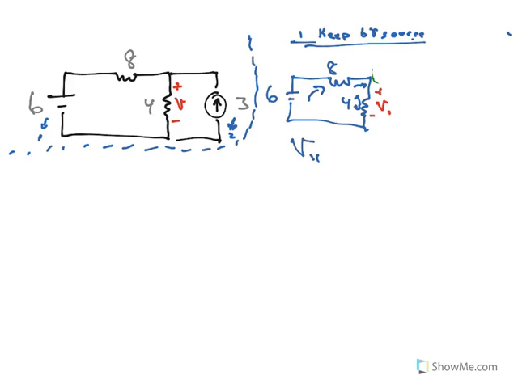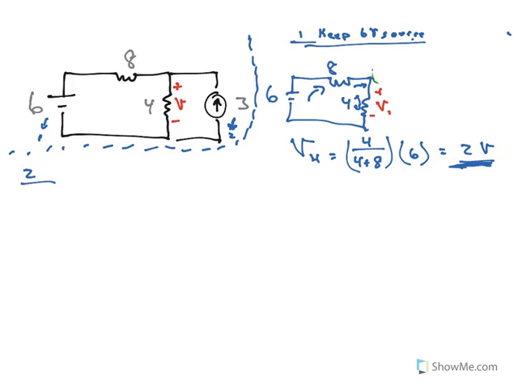The voltage on 4 is going to be the 4 ohm resistor over the total resistance times the total voltage of the circuit. And that gives me 2 volts. So, for my first basic circuit, the voltage across the 4 ohm resistor is 2. Done. Move on to the second.